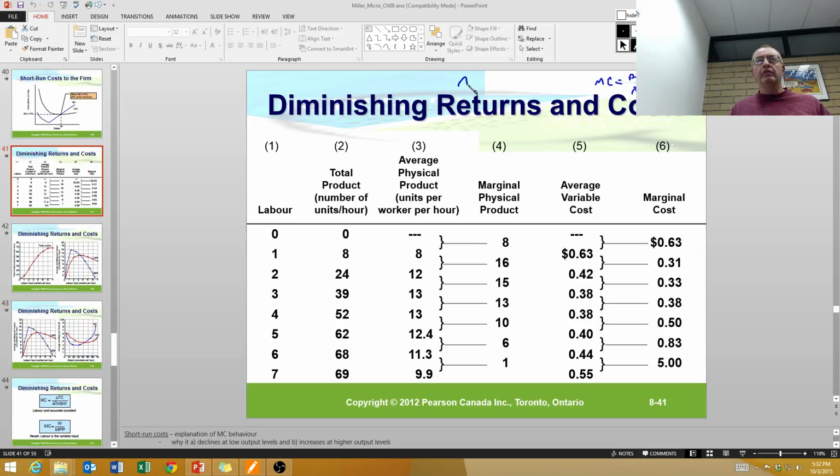And for the average variable cost curve, it is the per unit input cost divided by average physical product.